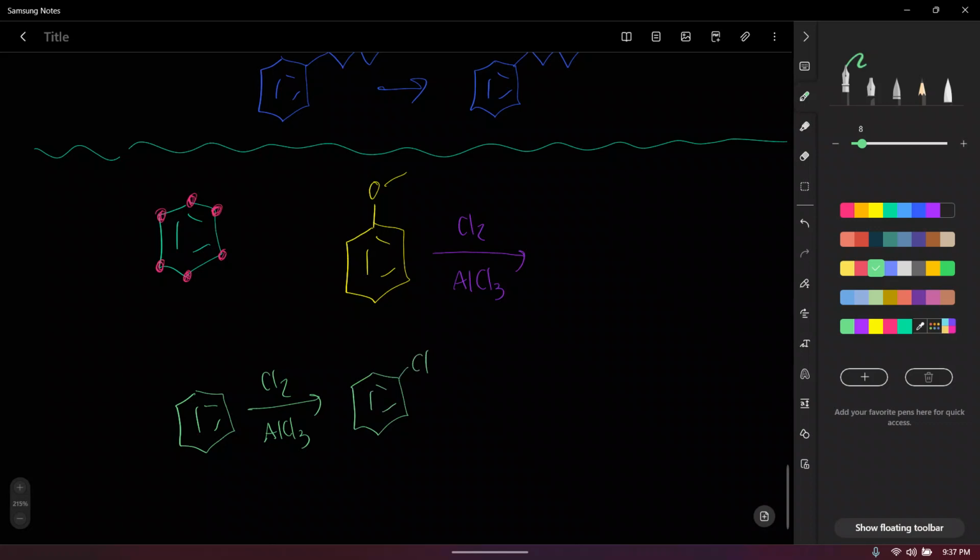We've already done that. But the problem is now I need to think about where exactly that chlorine is going to go, right? Is the chlorine going to go ortho to the thing? Perhaps the chlorine is going to go meta to it.